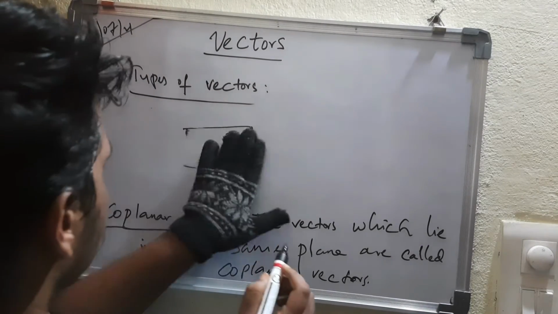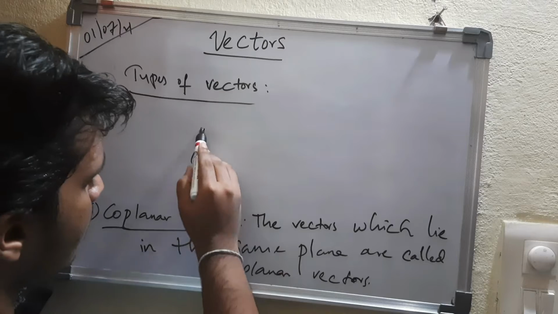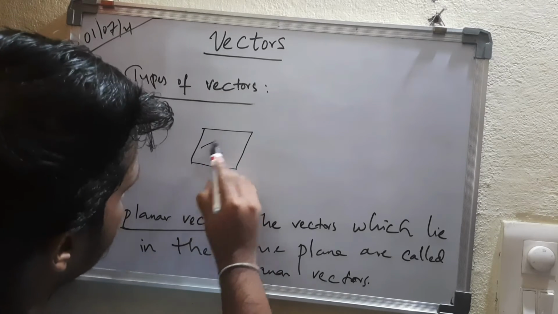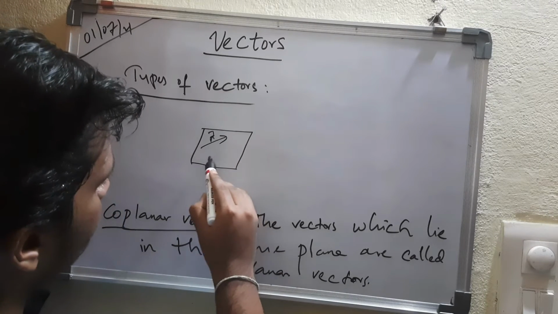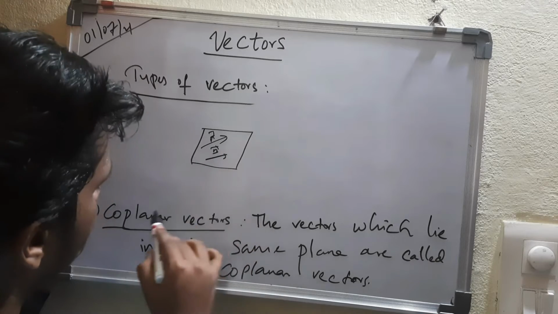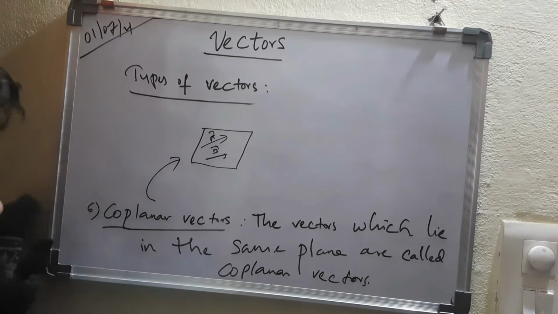This is a plane. Vector A, vector B, coplanar vectors. Okay.